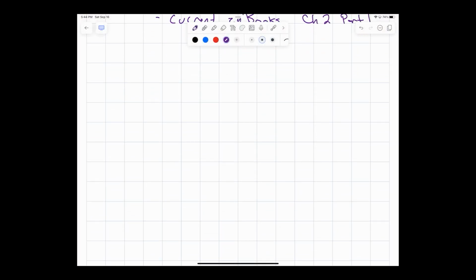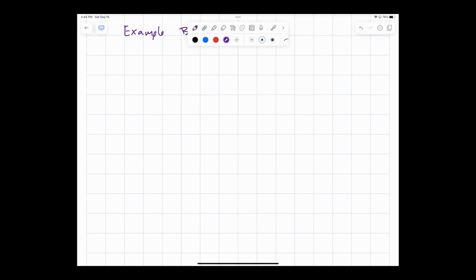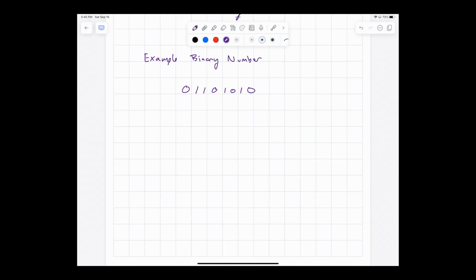I'm going to write a binary number, an example of 8 bits, so we're all working from the same place. Let's just say 0, 1, 1, 0, 1, 0, 1, 0. Okay, so here's just a random binary number. I mixed some ones and some zeros in there.